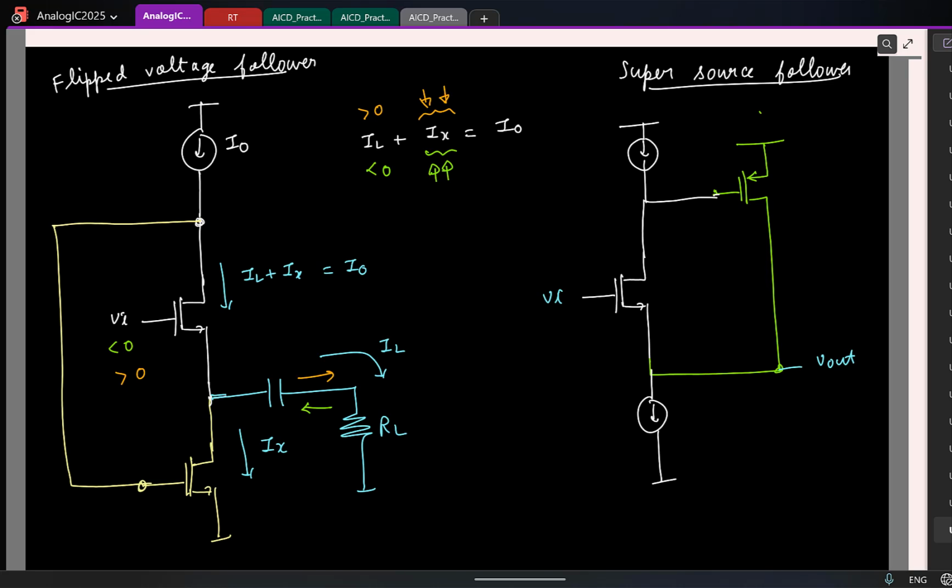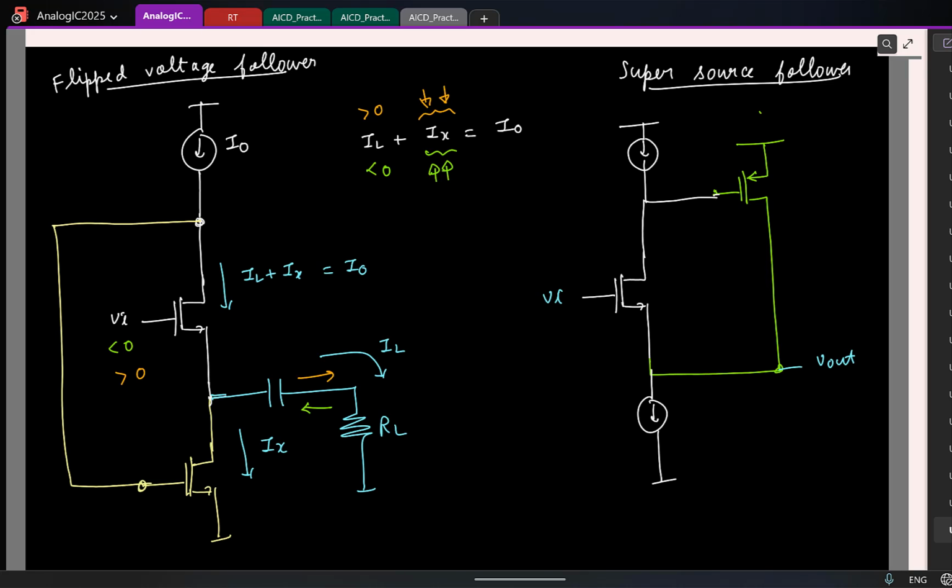Now can Ix keep reducing without any limits, or is there a limit? This is the total current in the transistor, so what is the minimum value it can take? Zero. This will keep reducing, and once it hits 0, that's it.